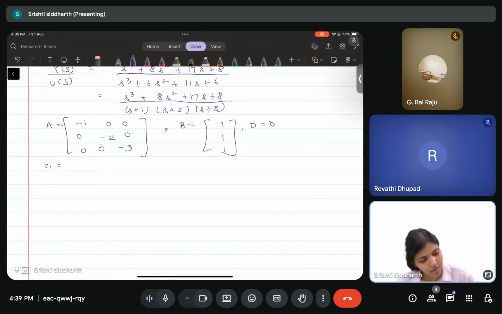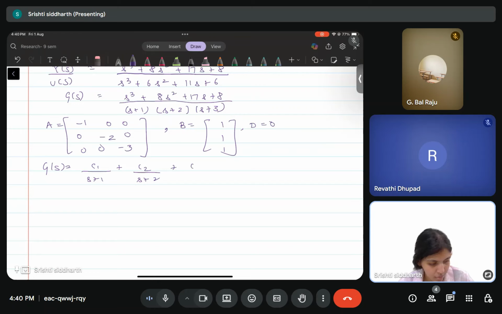So we have to write this G of s as C1 over s plus 1 plus C2 over s plus 2 plus C3 over s plus 3.